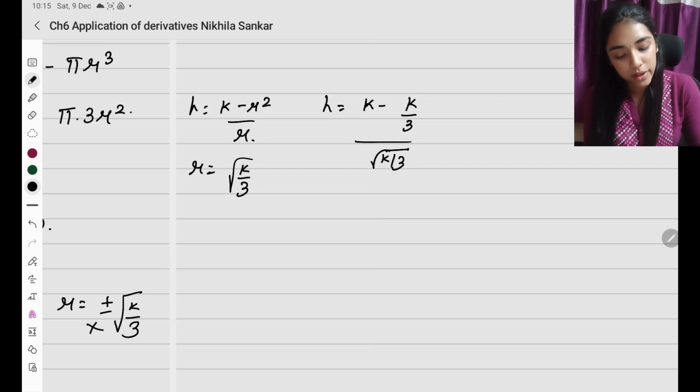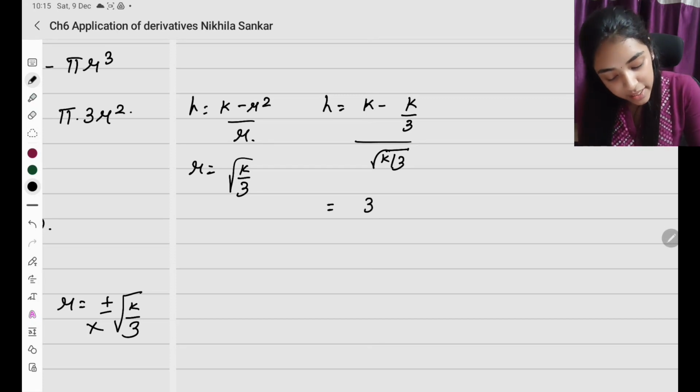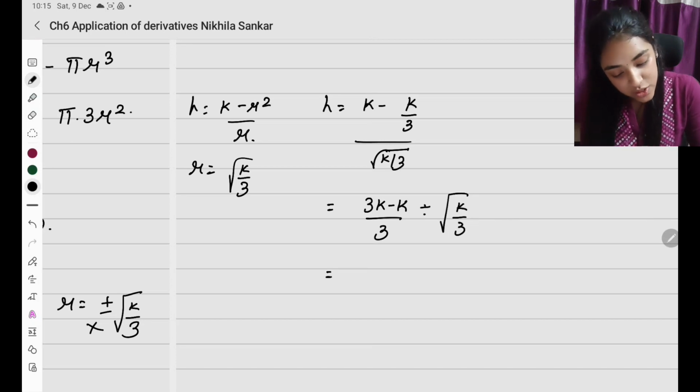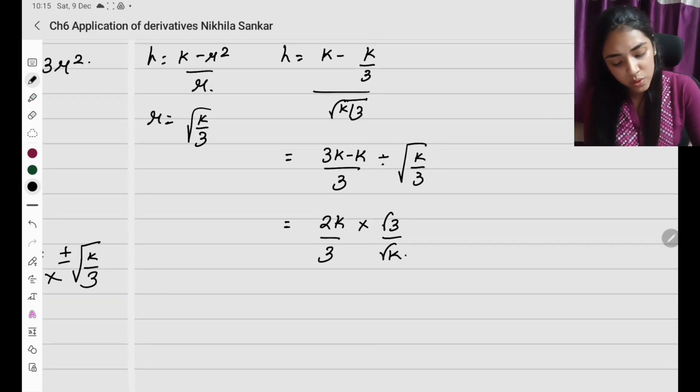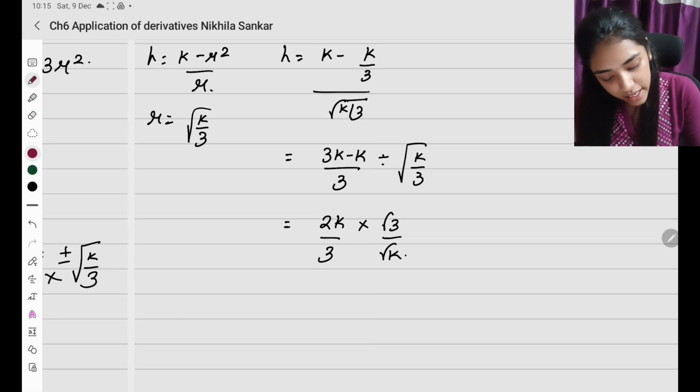Taking the LCM in the numerator, I have 3k minus k divided by 3, divided by root of k divided by 3. So this is going to be 2k divided by 3 times root 3 divided by root k. Now when I cancel, this becomes a root 3 and this becomes a root k.